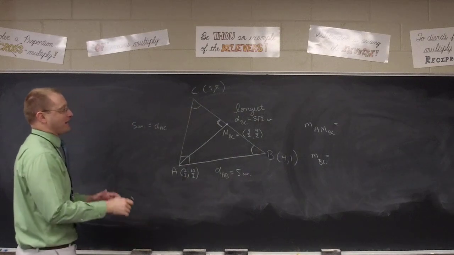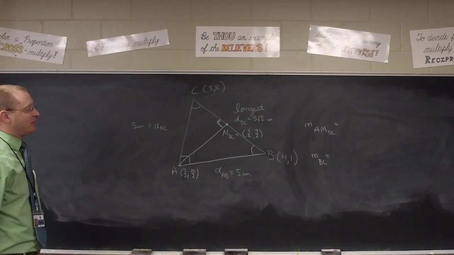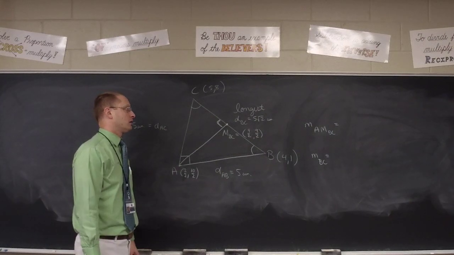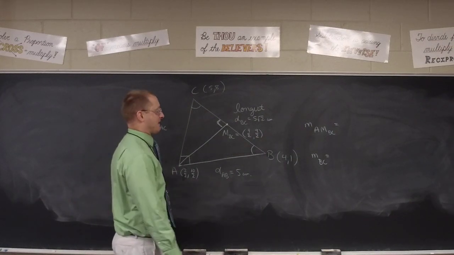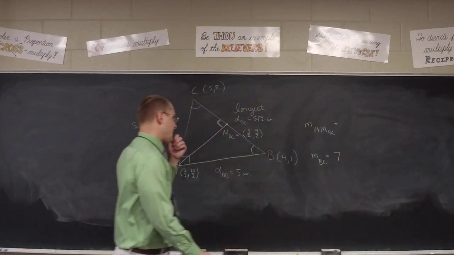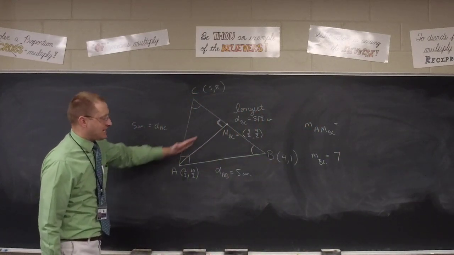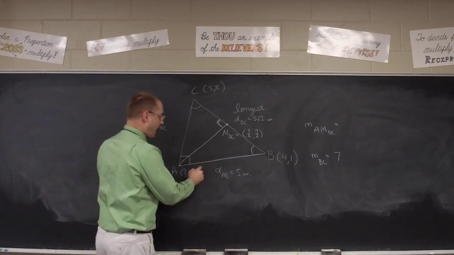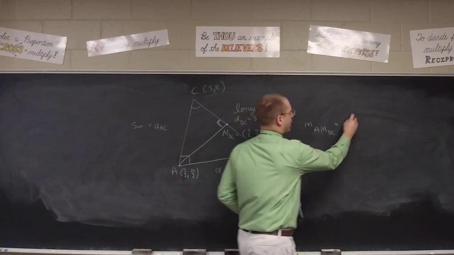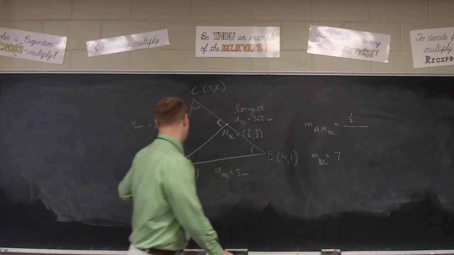Let's start by finding BC because that's easier. What is the slope of BC? 7 over 1, or just 7. Now for the slope of the median, we need the change in y, 1 half, over the change in x.